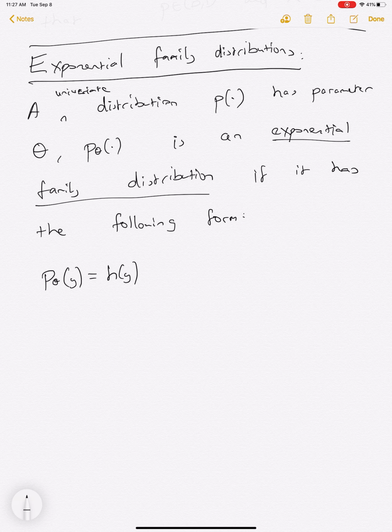So let's first write out this definition. I'm using this notation P subscript theta of y. Theta is the parameter that denotes the distribution. We're going to see that it's related to quantities like p and lambda. What makes it an exponential family is that the distribution has an exponential in it.